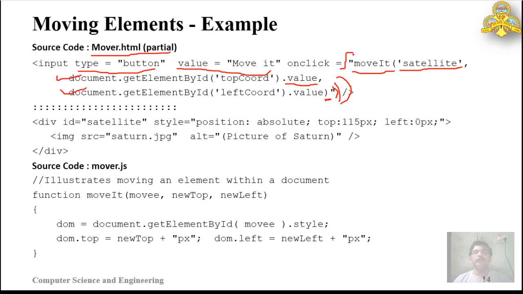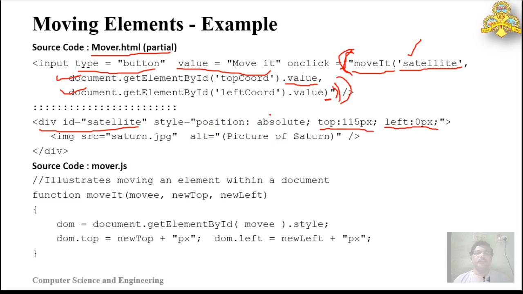From here to here it is the function script calling, and I specified the element name as satellite, and that satellite name is assigned to the div tag. It has position absolute, from top 115 pixels, from left 0 pixels.